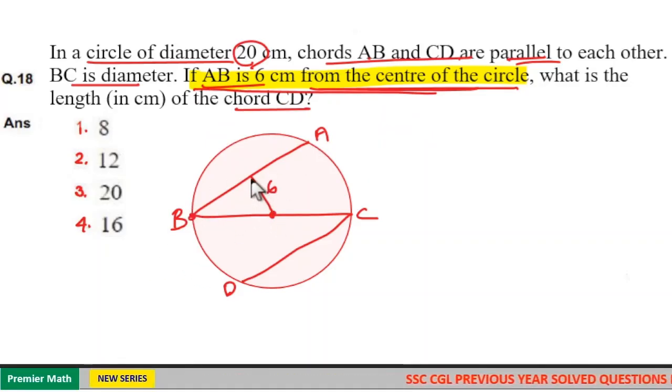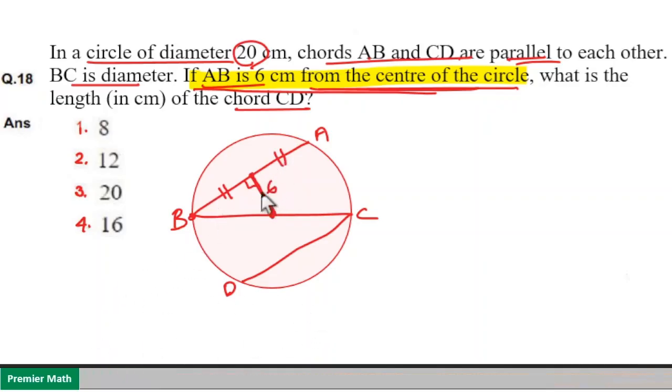When you draw the shortest distance line from the center of the circle to a chord, it will meet the chord perpendicularly and it will meet at the midpoint of the chord, which means these two lengths are equal.